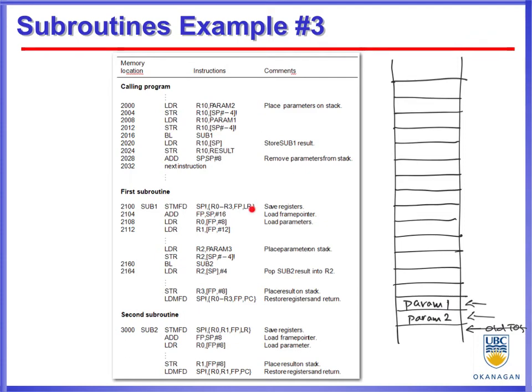Again, for the store multiple, we start on the right-hand side. So the first thing that goes onto the stack is the contents of the link register, which is address 2020. So that gets pushed onto the stack. Stack pointer points here. Then we're going to put the contents of the frame pointer, okay, whatever it is.